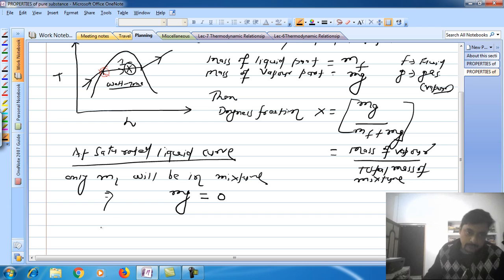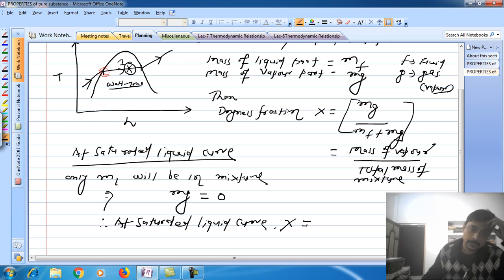Therefore, at the saturated liquid curve, the dryness fraction will be 0 divided by mass of liquid plus 0.